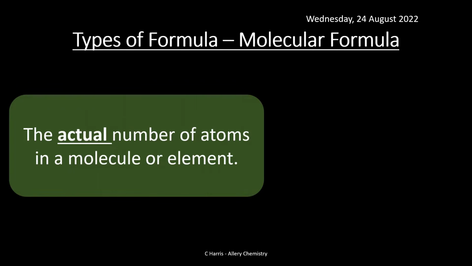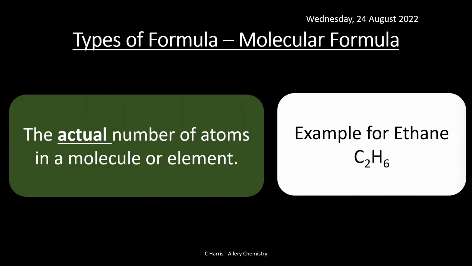Okay, so the next type is a molecular formula, and this is the actual number of atoms in a molecule or element. For example, this is for ethane, C2H6. So we've got 2 carbons and 6 hydrogens for ethane.